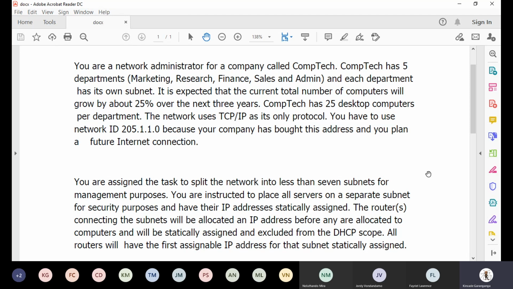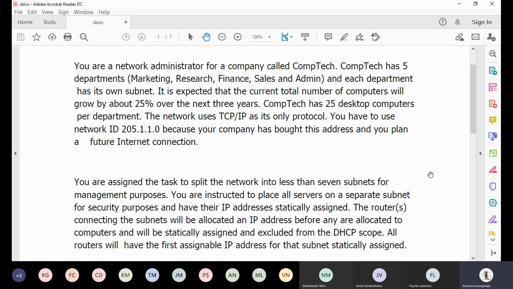So ultimately what that means is when you look at your networking devices, such as your switches and your routers, you'll need to have these manually or statically assigned. The same applies to your servers. All servers will also need to have their IP addresses statically or manually assigned.